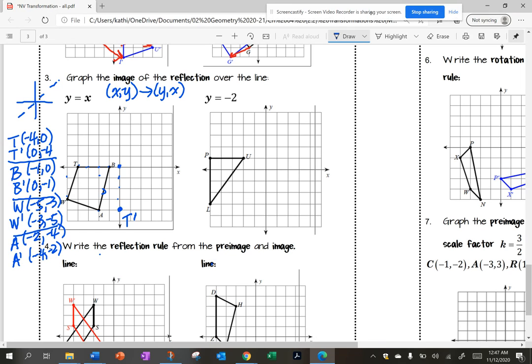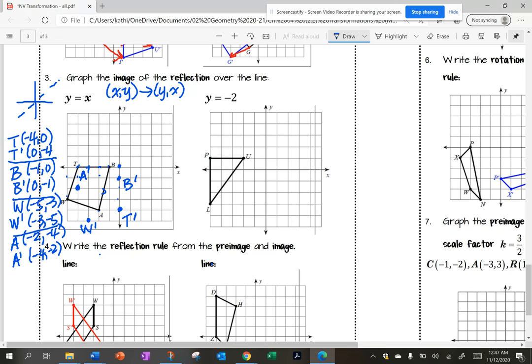B prime is 0, negative 1. W prime is negative 3, 1, 2, 3, negative 5. W prime. And A prime is negative 4, 1, 2, 3, 4. Negative 2.